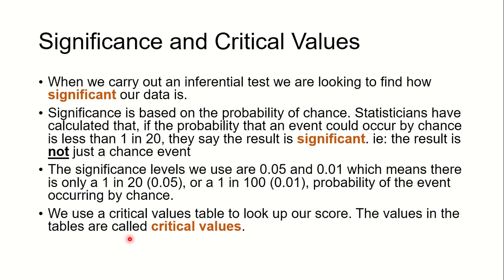So, when we carry out these mathematical tests, we're looking to find out how significant our data is. Significance is a really important word to talk about here, because when I say that the relationship between the speed of the water and the roundness of the pebbles is significant, because the statistical test I have done has given me a score that when I look it up on my statistical table, it tells me that yes, it's significant, what that's really saying is that there is a very low probability of chance.